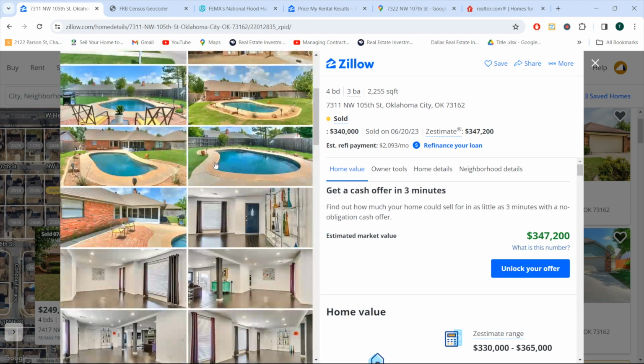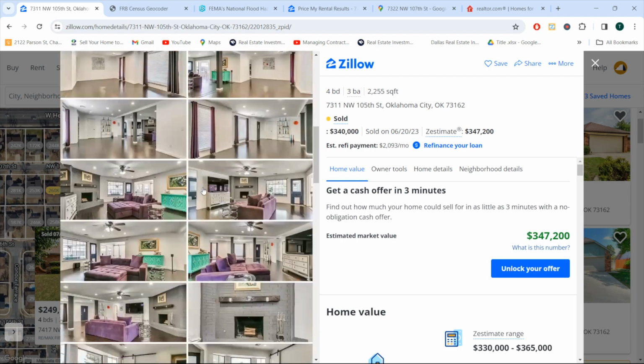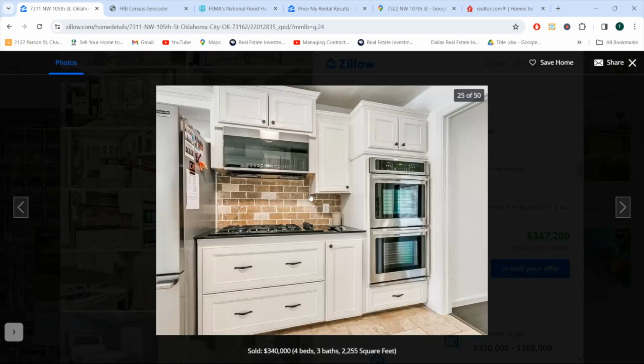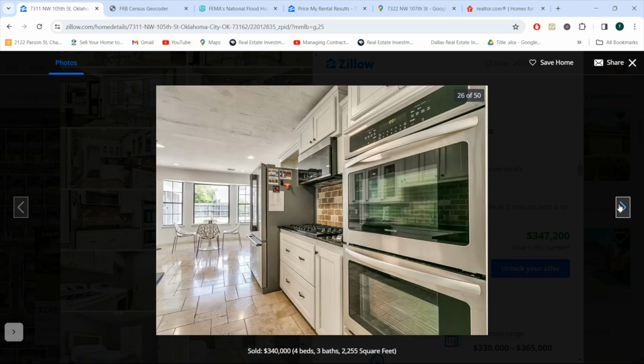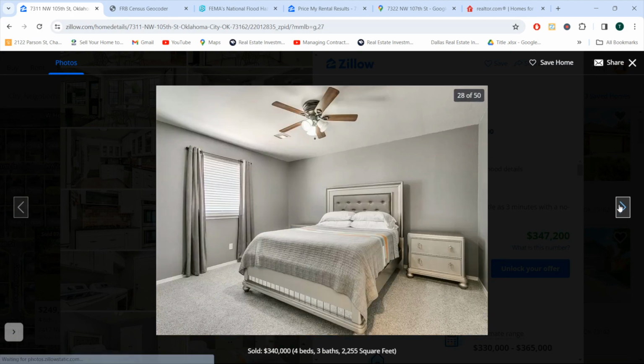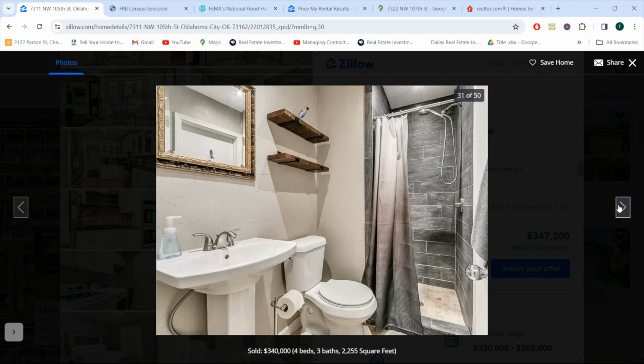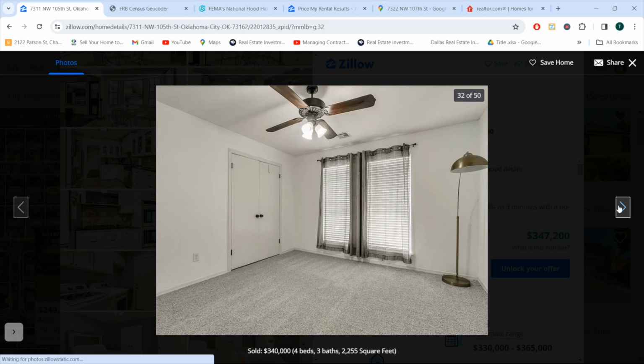You definitely don't want to compare the property that we have to this one, because it has a pool, and that is going to increase the value, the ARV, by a possible 15%. It's just a nicer property. It's not overly nice, but it's definitely better than the other properties we took a look at.